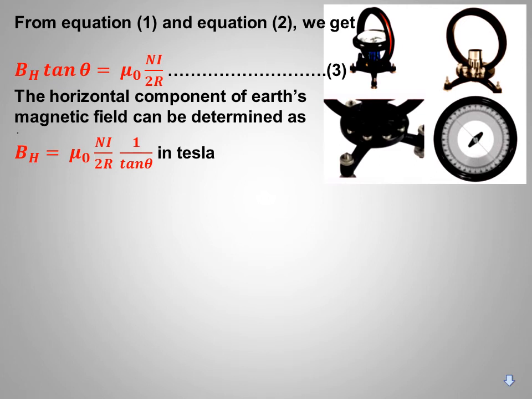From equation 1 and equation 2 we get BH tan theta is equal to mu naught N i divided by 2r. Let us have this as equation number 3. The horizontal component of the Earth's magnetic field can be determined as BH is equal to mu naught N i divided by 2r into 1 by tan theta, which can be measured in Tesla.